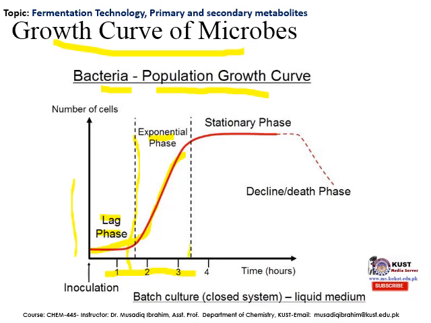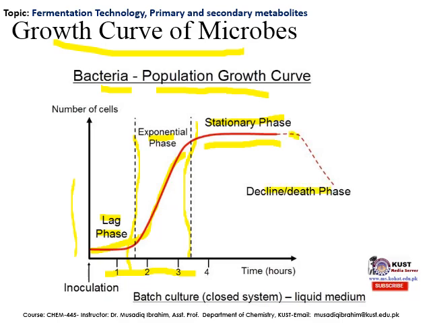After a specific period of time, the exponential phase stops and the stationary phase of the microbes starts. In the stationary phase, the microbes are not growing exponentially, but in that phase, the secondary metabolites are being produced. And then you have the death or decline phase.